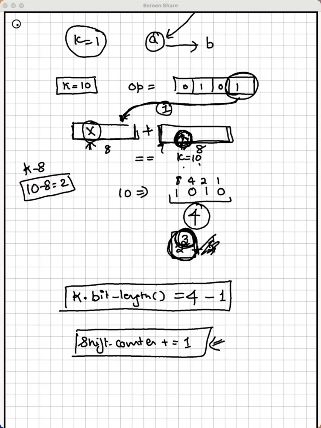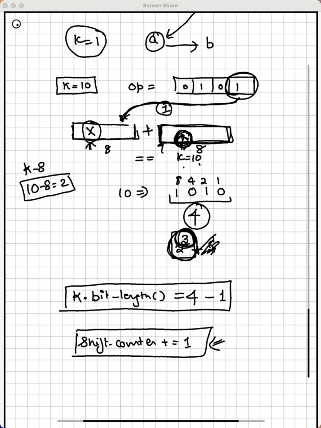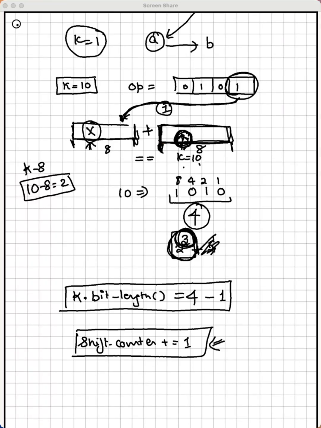Because you are just taking this and offsetting it by 8, so that these values shift down to these values to give you the k value in the previous position, which happened to be 2.